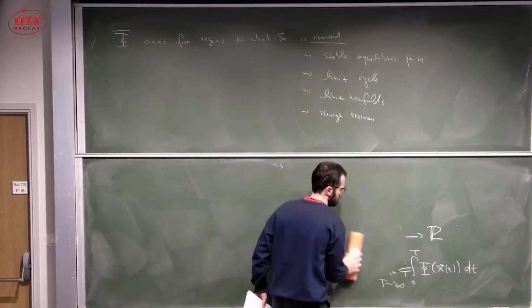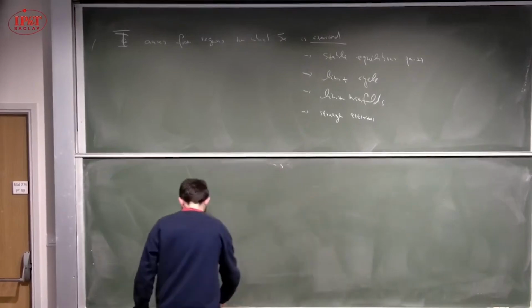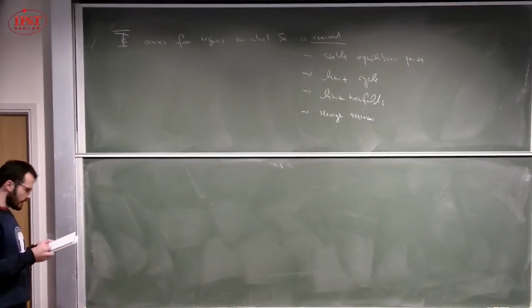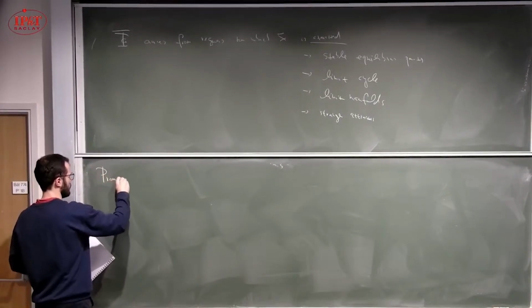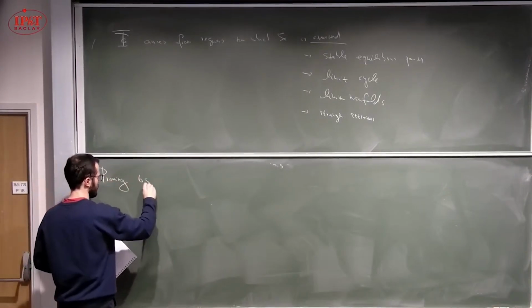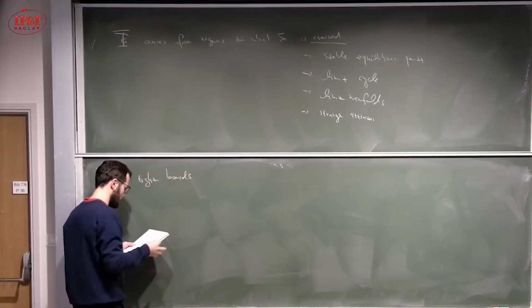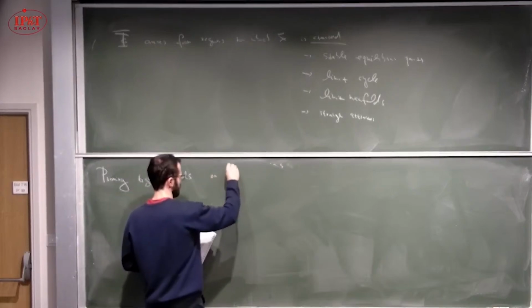So you can basically compute these long-time averages using semi-definite programming without ever solving the differential equation. Okay, so proving tight bounds, both upper and lower bounds on phi bar.